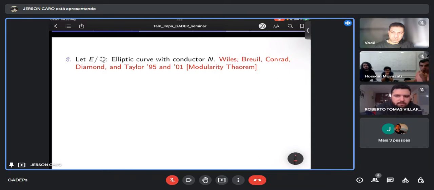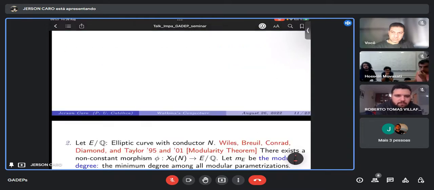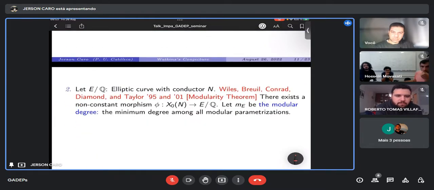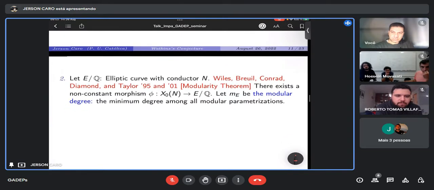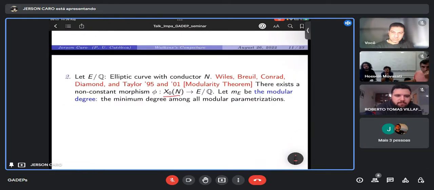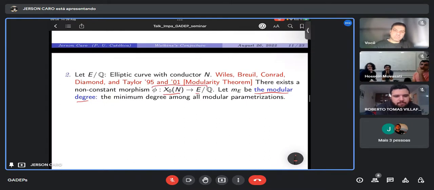We start with an elliptic curve E with conductor N, and there exists a non-constant morphism from X0(N), the curve that we defined before, to E. And this morphism is non-constant and is defined over Q. And the modular degree is the minimum degree among all the modular parametrizations. And what is a modular parametrization? It is this kind of morphism from X0(N) to E.